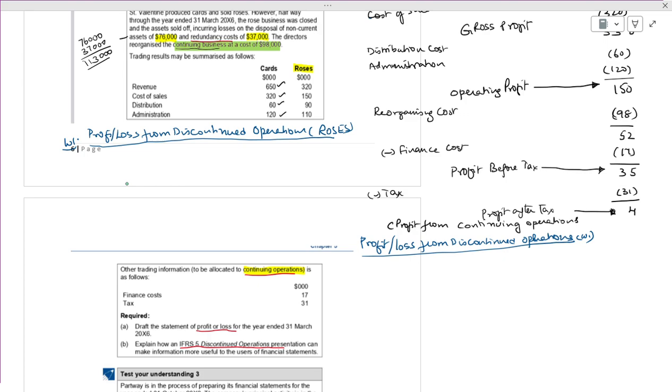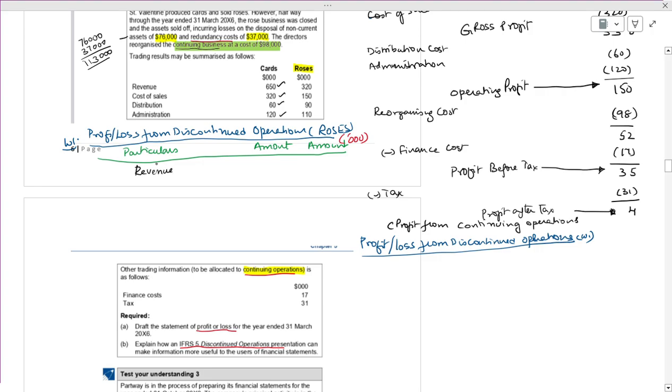Particulars, amount. It is in thousands. Now, revenue is how much?